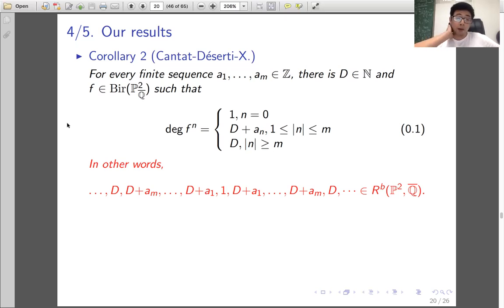In other words, the degree sequence looks like this, and it is contained in R_b(P^2, Q̄).